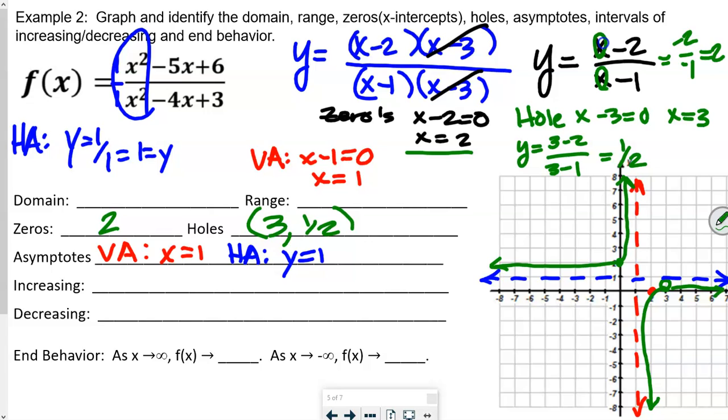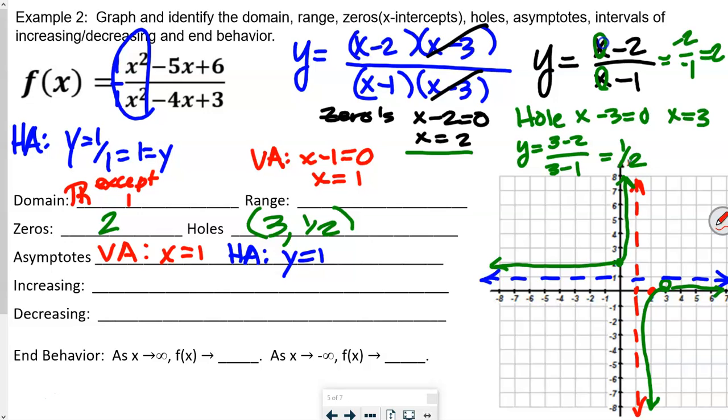So now let's talk about our domain and range, okay? So our domain is going to be, again, all real numbers except what, guys? Let's look where we don't have any. So that's going to be all real numbers except 1, and then what else?